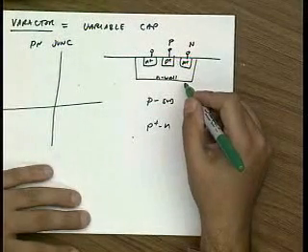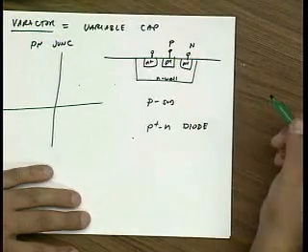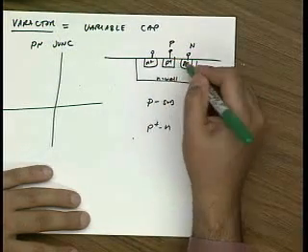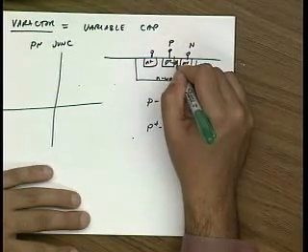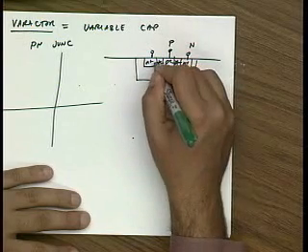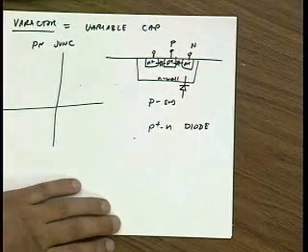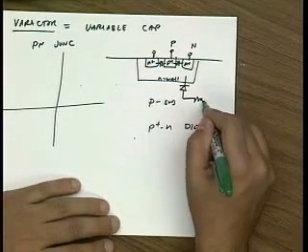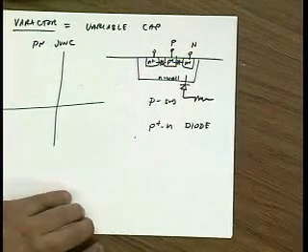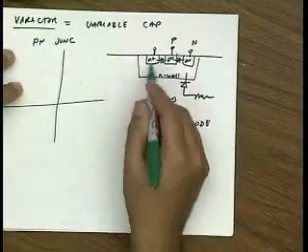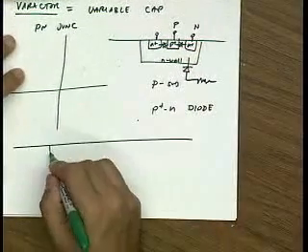And the issue is that even though you get a nice diode from here to here, you also get a diode from the well to the substrate. And the substrate is resistive. Okay? Now let me also draw a zoom in of this structure.